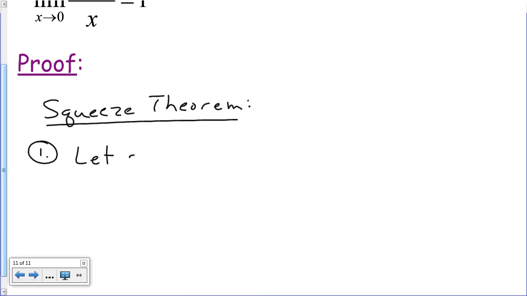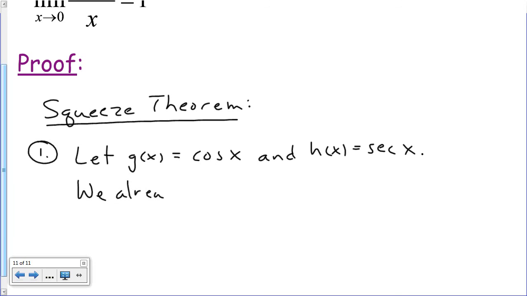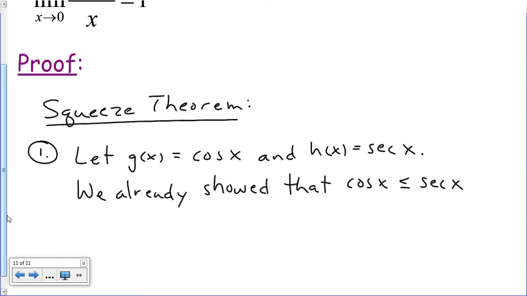We're going to let g of x be the cosine function, and we're going to let h of x be the secant function. And we've already shown that cosine of x is less than or equal to the secant of x for all x.